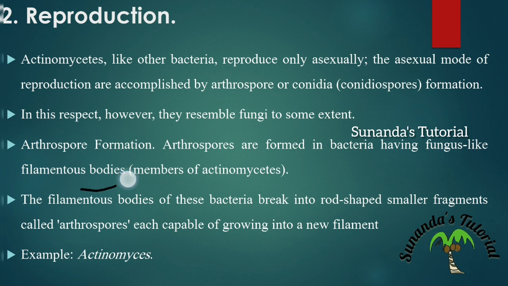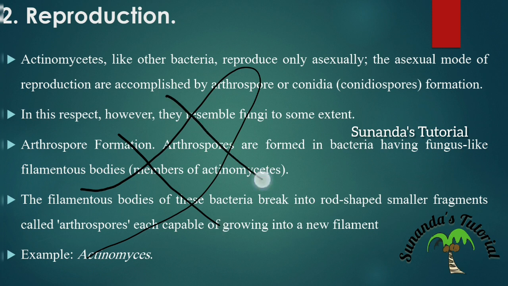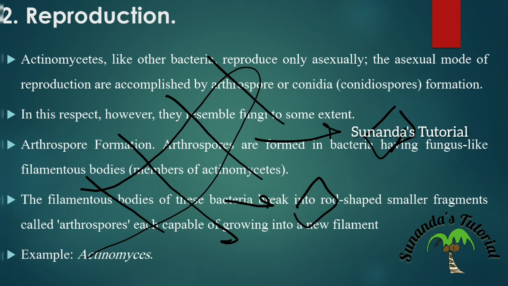So this is the Actinomycetes filament. They break into smaller fragments, and each individual fragment is capable of growing as a separate individual, and these are called arthrospores. The genus Actinomyces shows this type of reproduction.